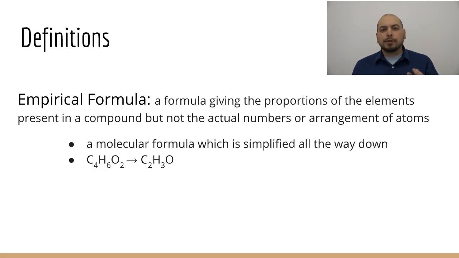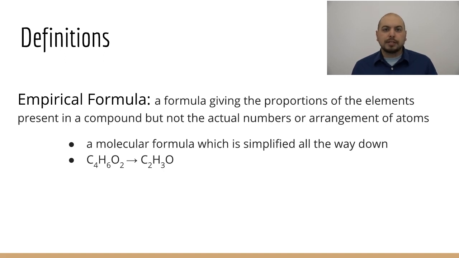Now, the empirical formula of a molecular compound is going to be the actual ratio of each atom of the element in that compound. What this means is if you look at the molecular formula, which is the exact number of atoms in a compound, the empirical formula is going to be the most reduced ratio of that.